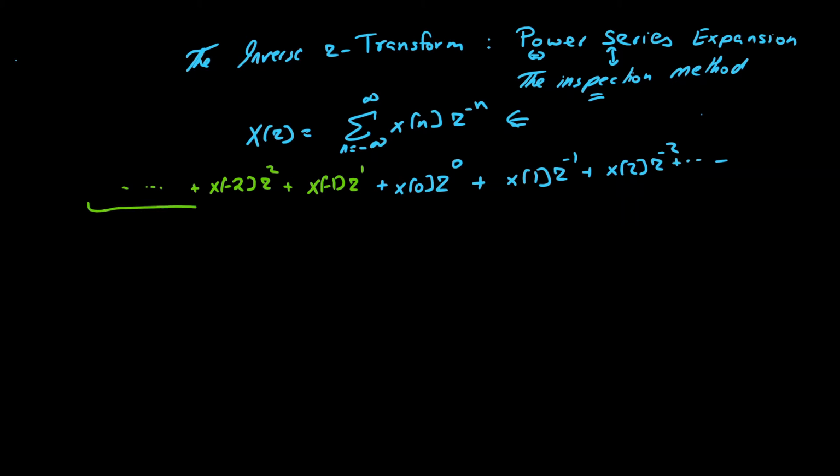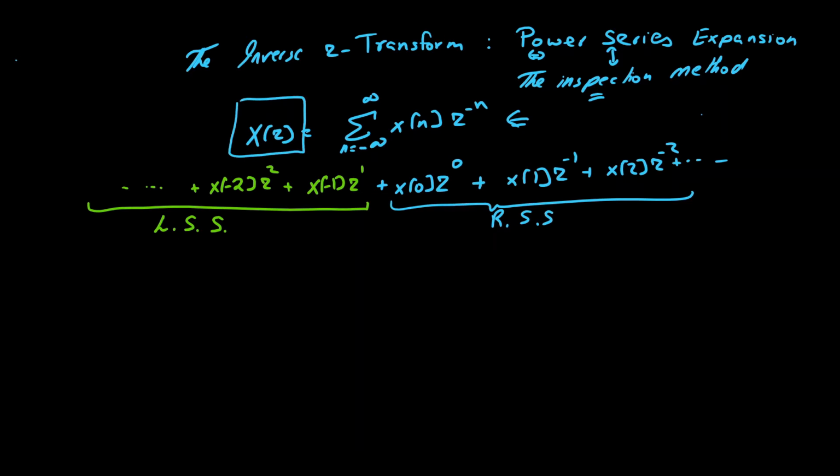So we have a left-sided sequence and a right-sided sequence which is appearing in this transform relationship. So just by inspecting the values of x and z, we can find the inverse Z transform.